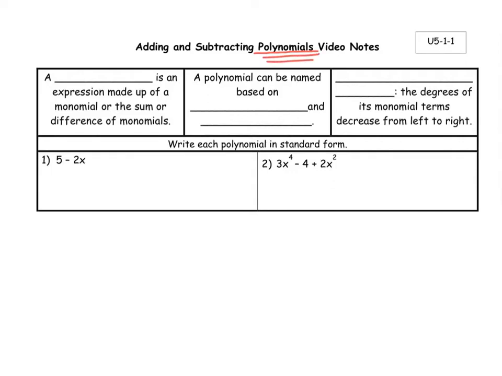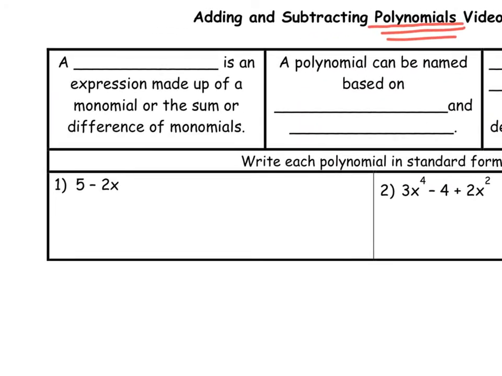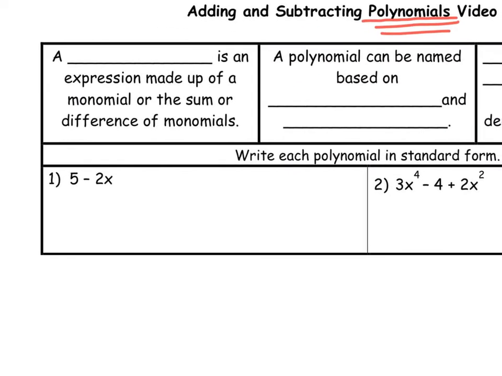A polynomial is an expression made up of a monomial or a sum or difference of monomials. So what does that mean? A monomial just means one term. So we could have the term 2x.